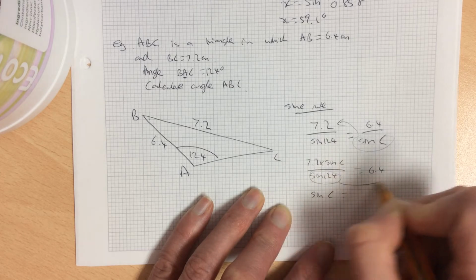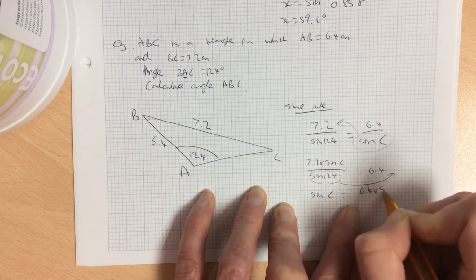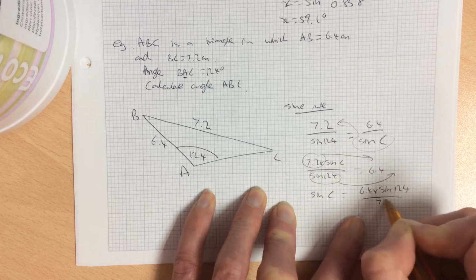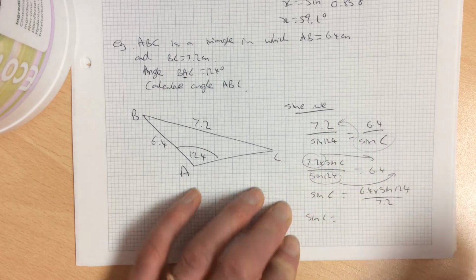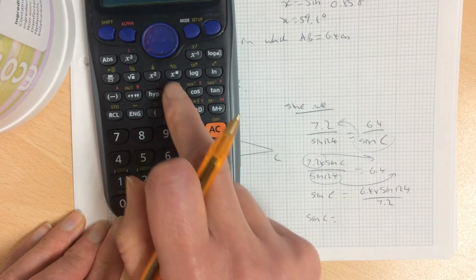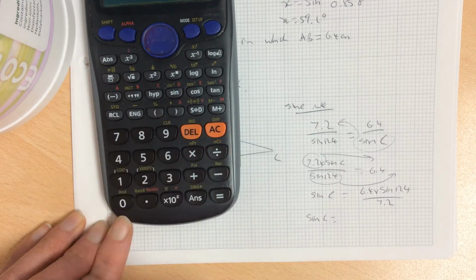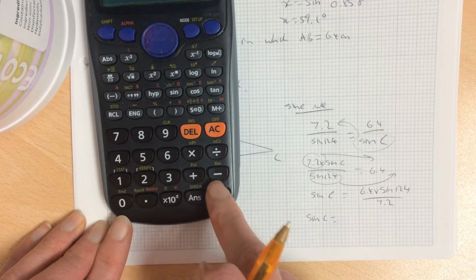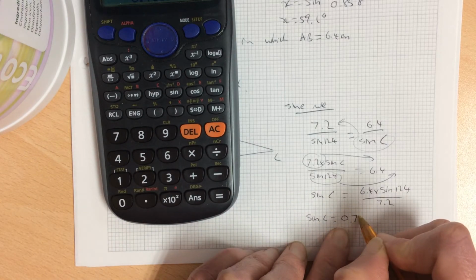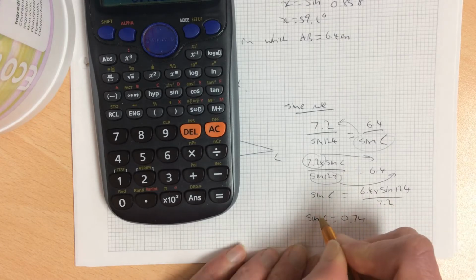So this is multiply when it comes over, and this comes over to be a division. So sine C. Just using your calculators, I'll take you through it again. 6.4 times sine 124, close your bracket, divide it by 7.2. So sine C is 0.7369 or 0.74.